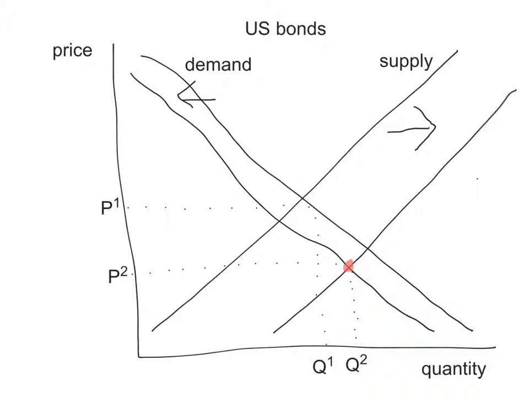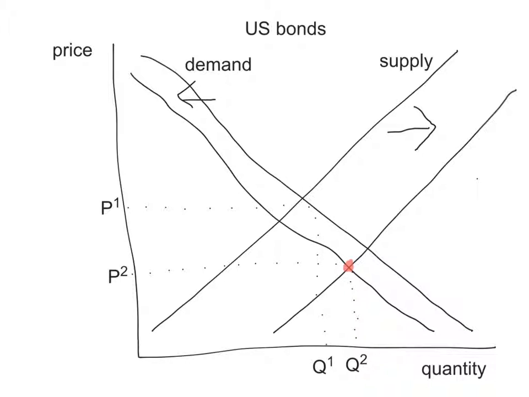So demand curve moves left, supply curve moves right. We know what that means is that we're going to get a new P2 and a new Q2. Now, strictly speaking, we know for sure that the new equilibrium P will be lower. So P2 will definitely be below P1 in the new equilibrium.